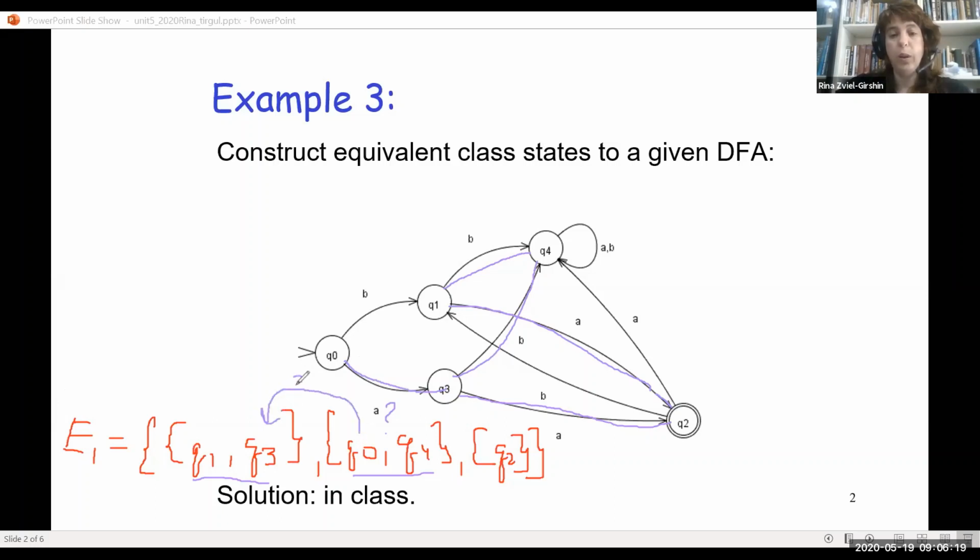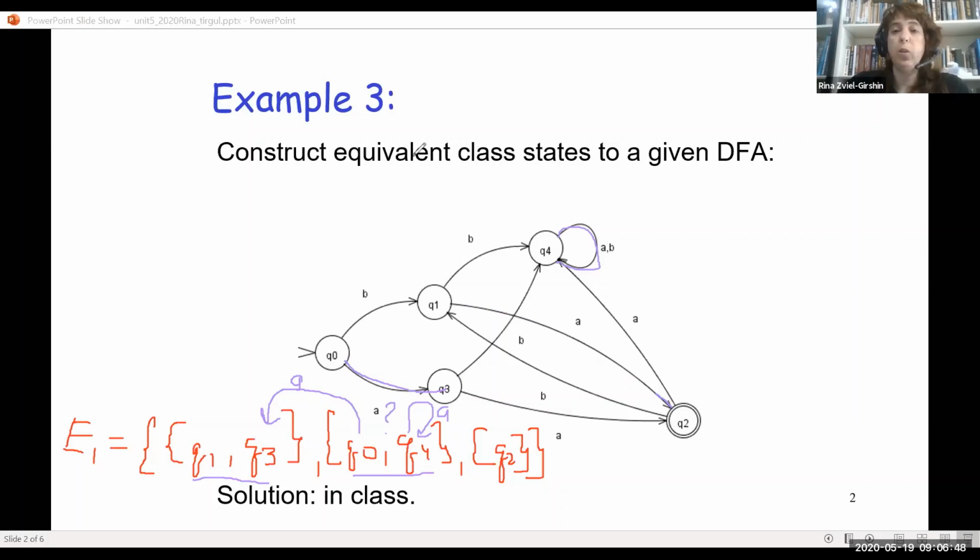Q0 on input A leads me to the group Q1, Q3. And Q4 for input A leads me to Q4. So I stay here. So I can stop because I found the separation word between Q0 and Q4. And there is only two states. I already separated them.